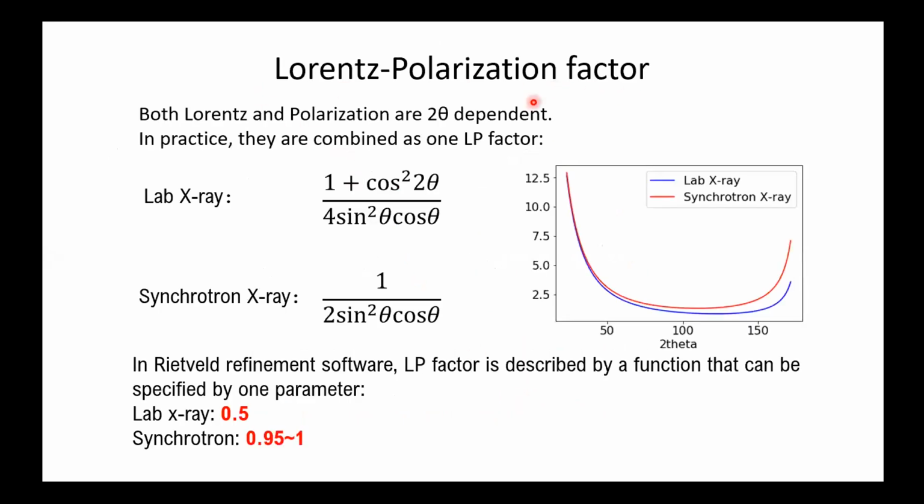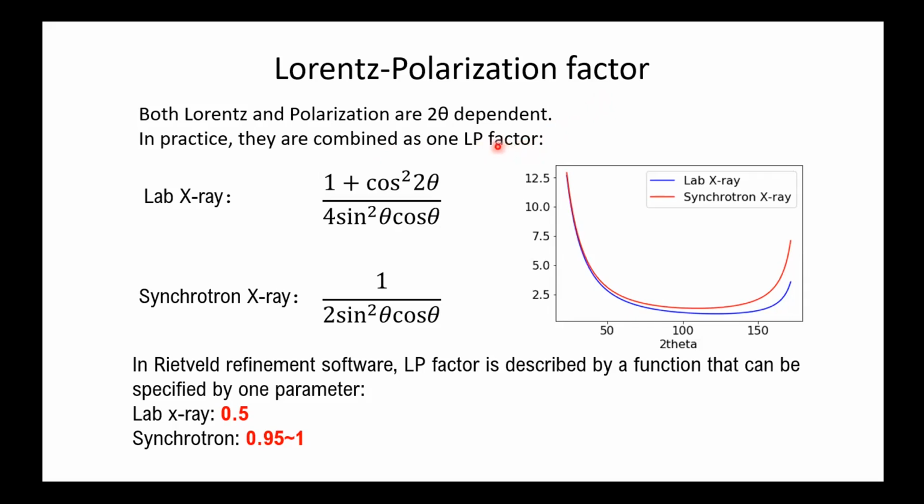Because the Lorentz factor and the polarization factor are both two-theta dependent, in the real refinement we always group them together and call them one simple factor, shortened as the LP factor in many of the software packages. But you can see a lot of people just call this factor polarization. I'm one of them, who had the impression that this factor simply relates to the polarization of the beam, which is not very true, right?